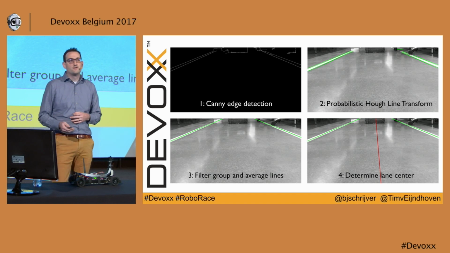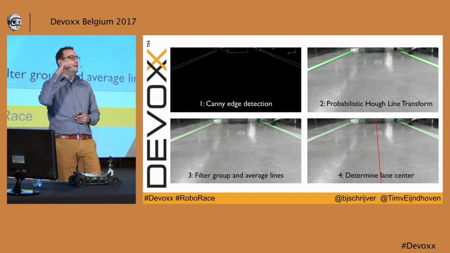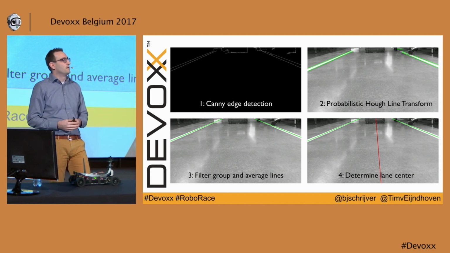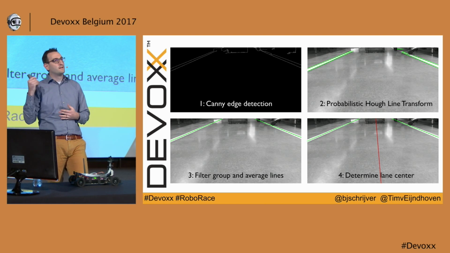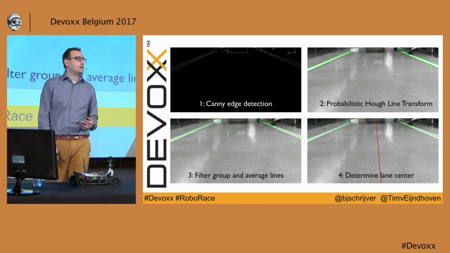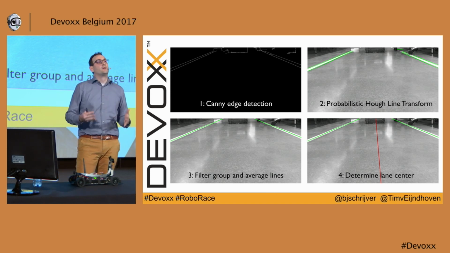As you can see in the top right image, in the top right corner there's a horizontal line, right? So it detects all lines in an image, not only the ones that we want. Then we filter them, and we can do that because we know that the image will look at the road in perspective.